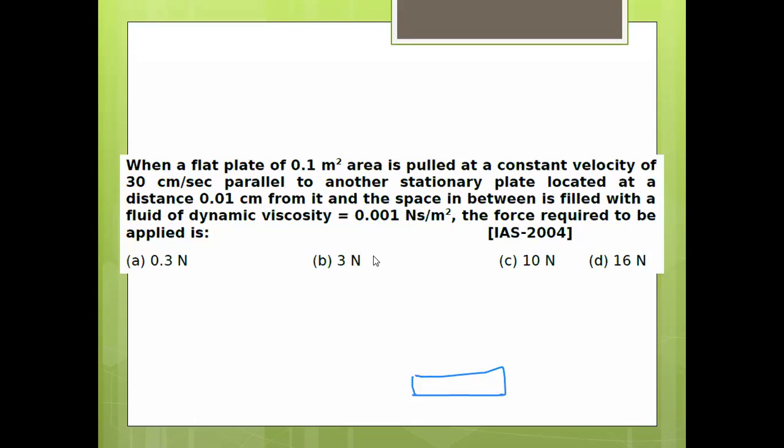Now see here, the other plate is stationary and one plate is moving with a velocity of 30 centimeter per second. In your mind, you have to do the calculation that this is the value of dv or du. Because one plate is stationary, its velocity will be 0. So the value of du or dv will be 30 centimeter per second, which in meter is 0.3 meter per second.